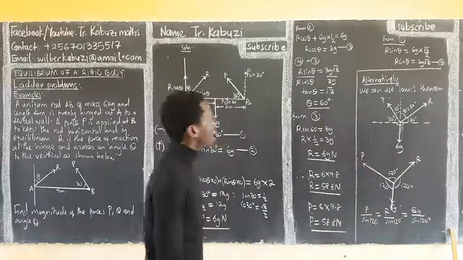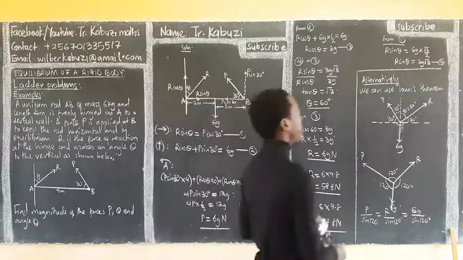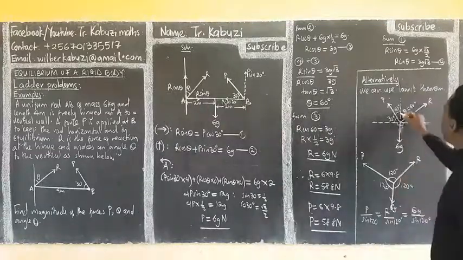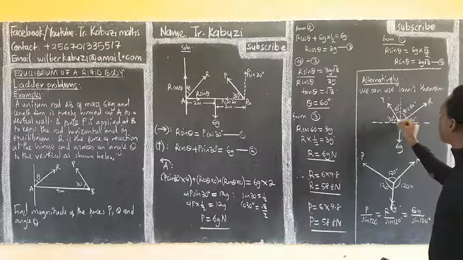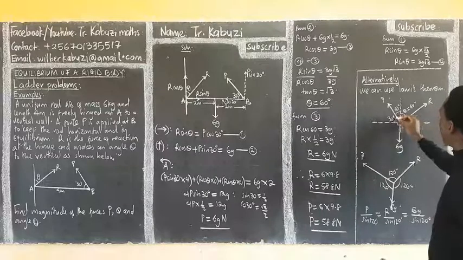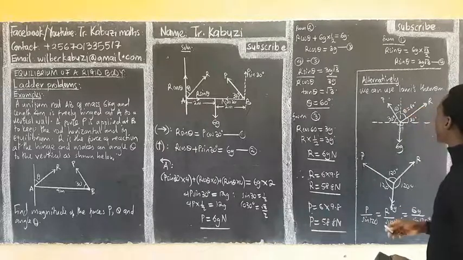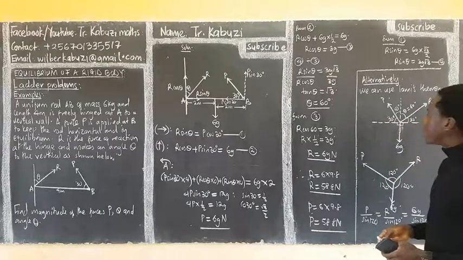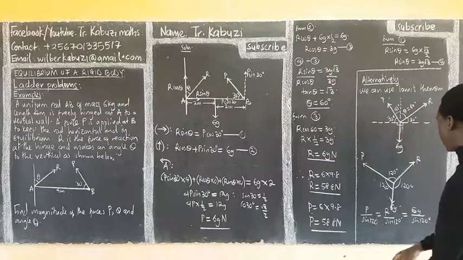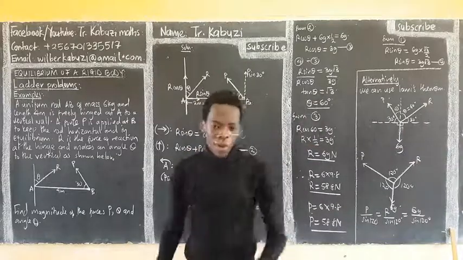As simple as that. Or from here, if you don't have that theta, then if this is theta, then this will be 90 minus theta, and you can get this, then you leave it as theta, then you compress your number. So that's the idea where I can use Lami's. I wish you well.